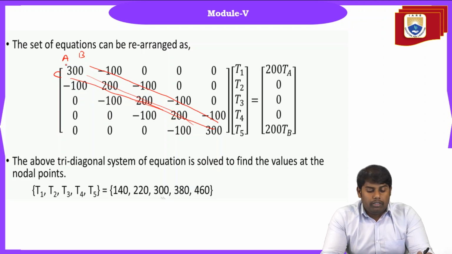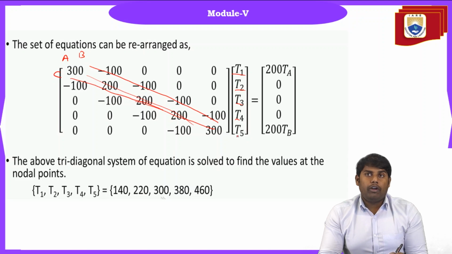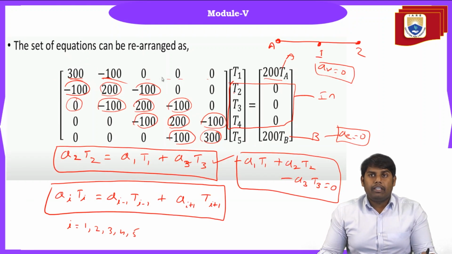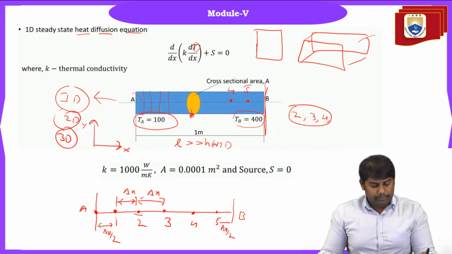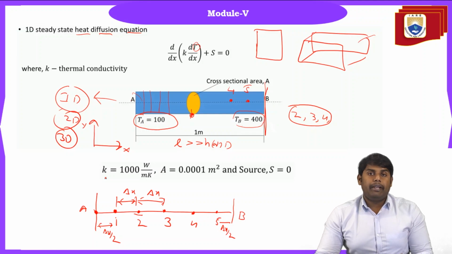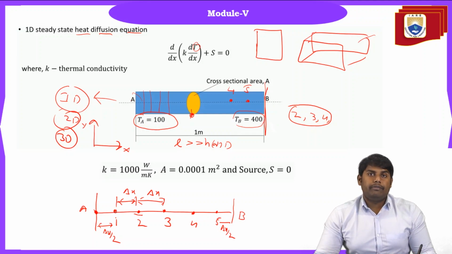So at the end, we need to get the value of T1, T2, T3, T4, T5. So what is the meaning of T1, T2, T3, T4, T5? When we see the diagram, the element is divided into 5 parts, where the first one is basically used for the initial grid point.